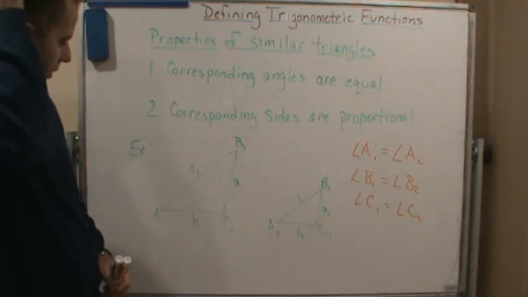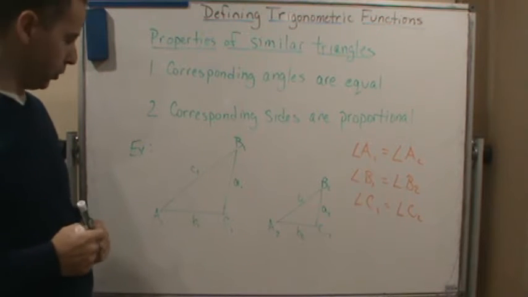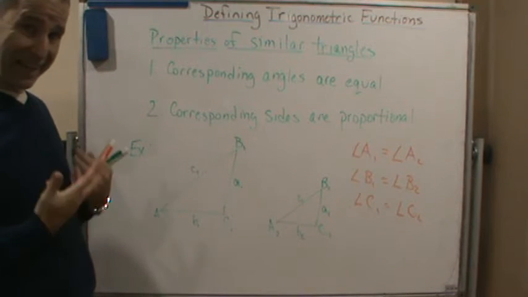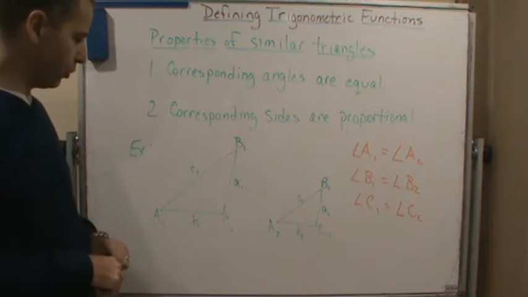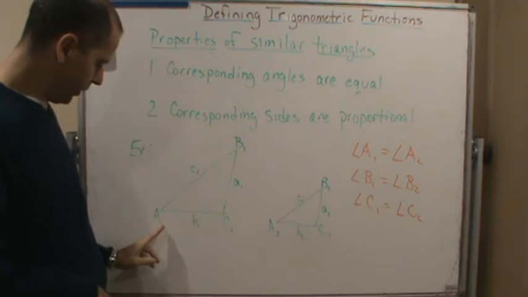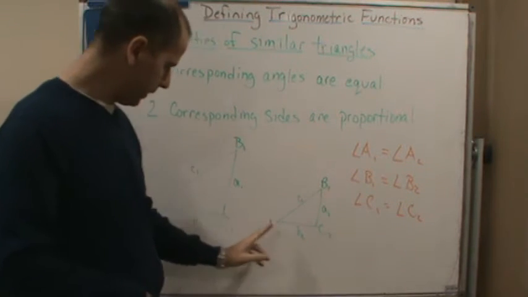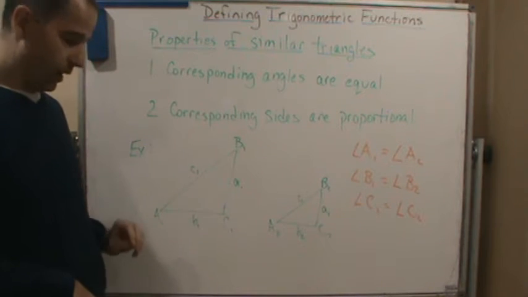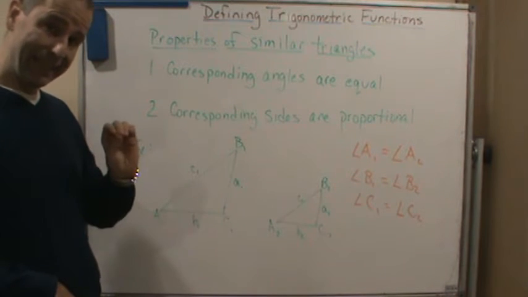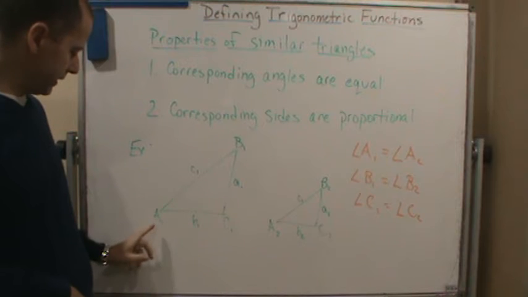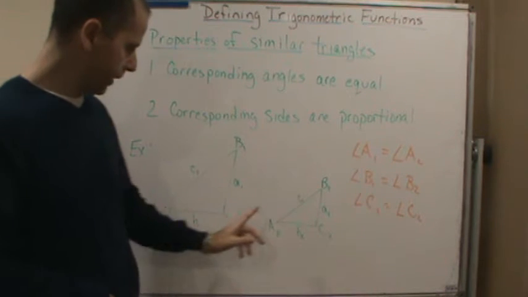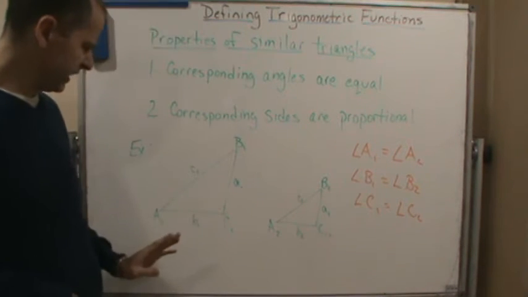Okay, so what do we say about proportional? What do we mean when we say corresponding sides? So corresponding angles, as you can see, are angles that correspond to the same angle in that triangle. For example, I wouldn't say that A1 corresponds to B2, right? Because it doesn't.